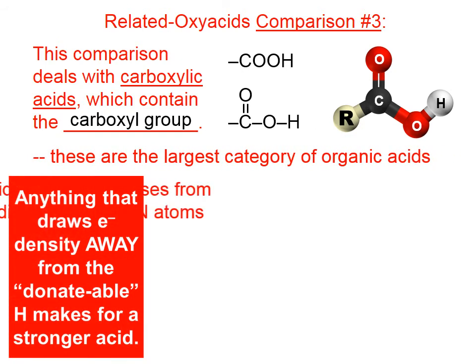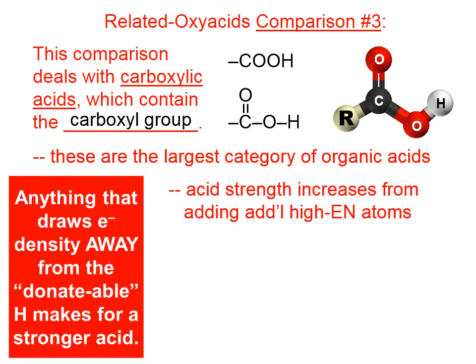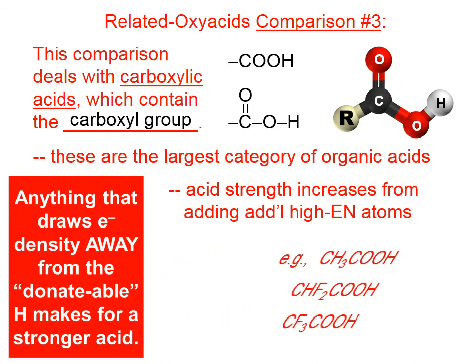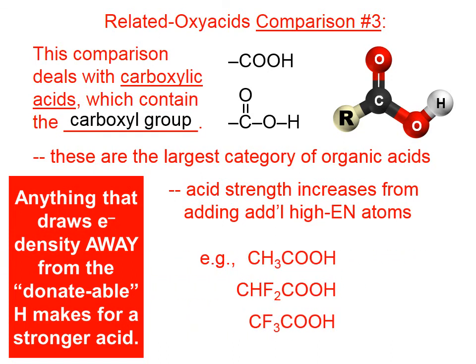These are the largest category of organic acids, and for carboxylic acids, acid strength increases from adding additional highly electronegative atoms. So if we compare these three, we can see that they are identical, except the top one has 3 H's in this location.